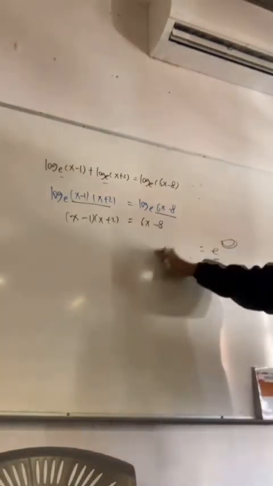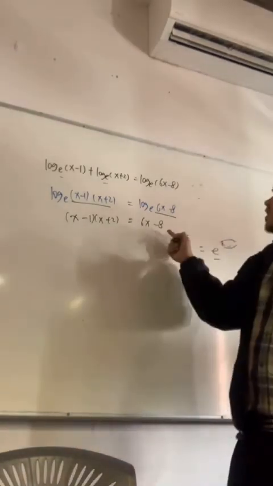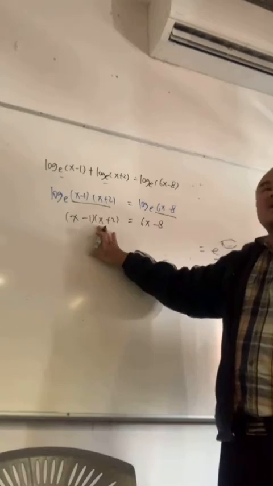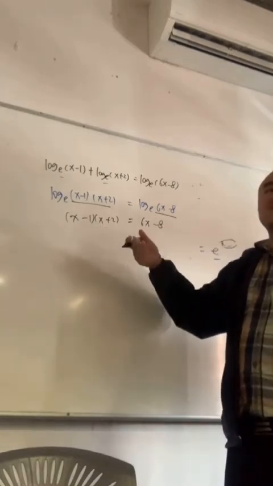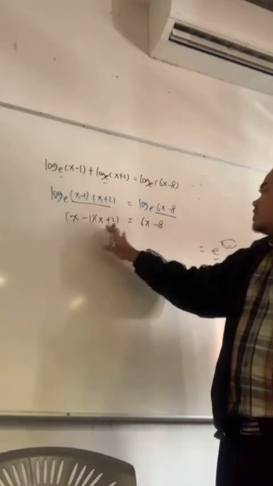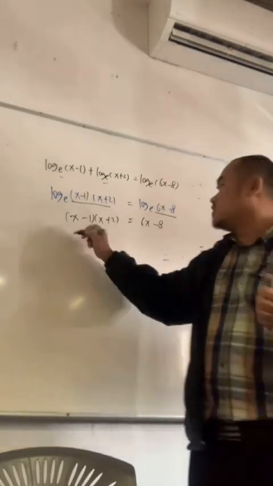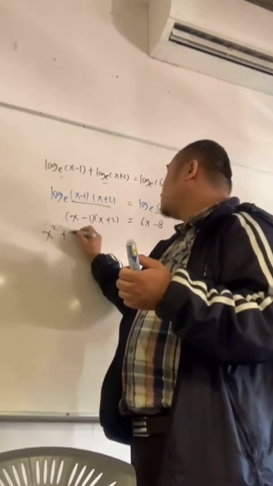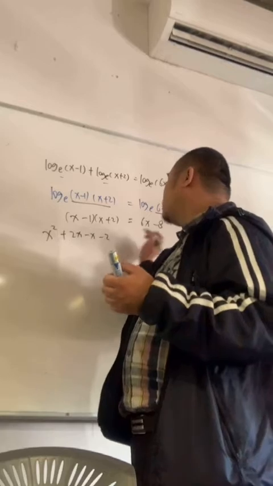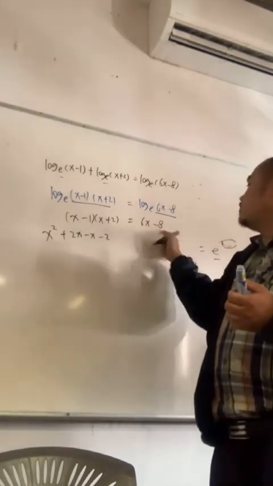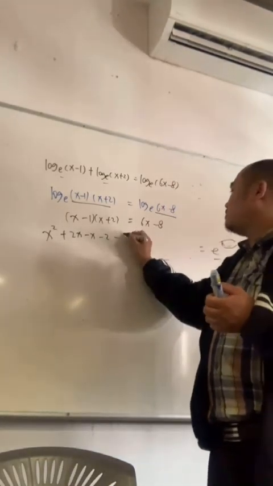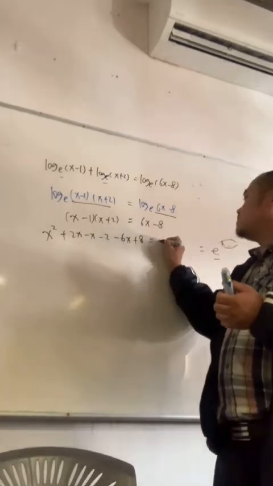And then how do I solve for x? If I move this to here, I will probably get another quadratic. But I need to expand this guy first. So that would be x squared plus 2x minus x minus 2. And then I move these two guys to the left side, minus 6x plus 4 equals 0.